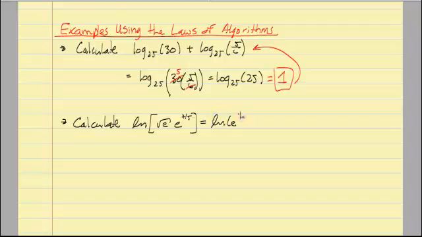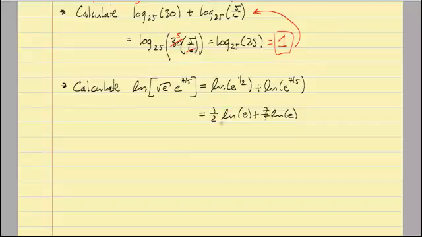So this would be the ln of e to the 1/2 plus the ln of e to the 7/5. Then each of these simplifies by pulling this exponent out front: 1/2 ln of e plus 7/5 ln of e. And of course, the ln of e is 1, and I'm left with 1/2 plus 7/5.